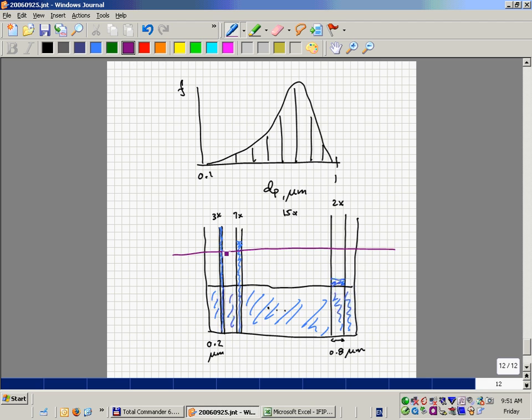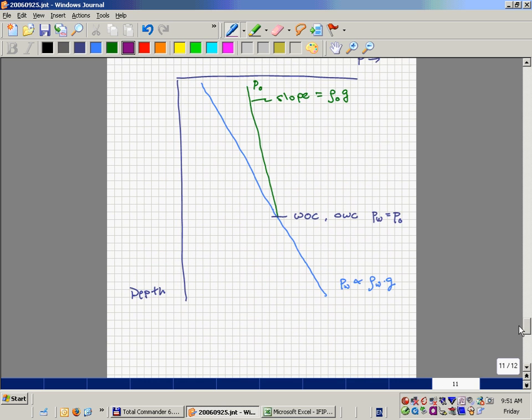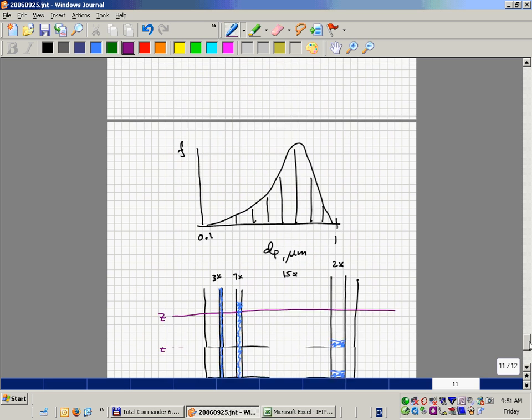These capillaries are full of water at this depth, Z. These capillaries are full of oil, the other phase. Okay? And this is what's happening in the reservoir. You're getting a balance of the gravity forces, which I've drawn here, and the rock itself has a capillary pressure curve, which is approximated by a bundle of capillaries.